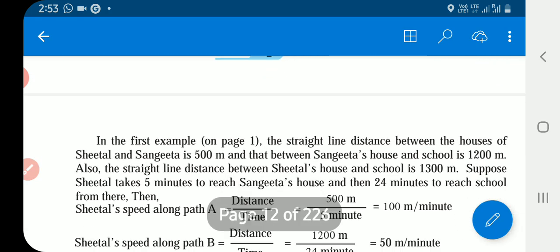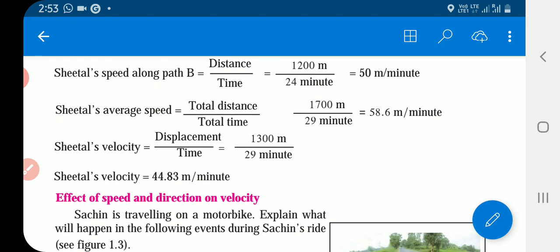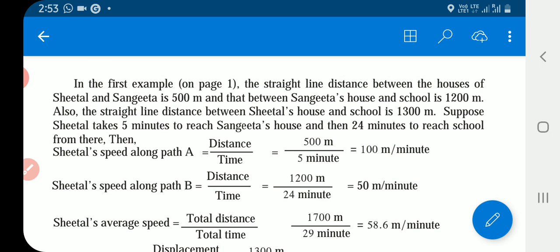Now, what is average speed or average velocity? A simple example is given here: Sheetal and Sangeeta. Sheetal's speed along path A is distance upon time.